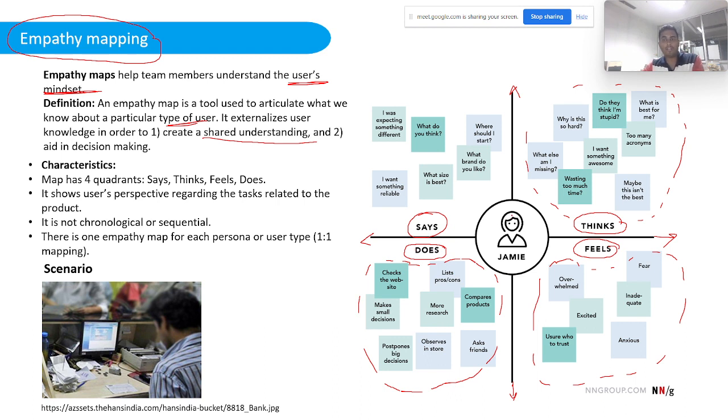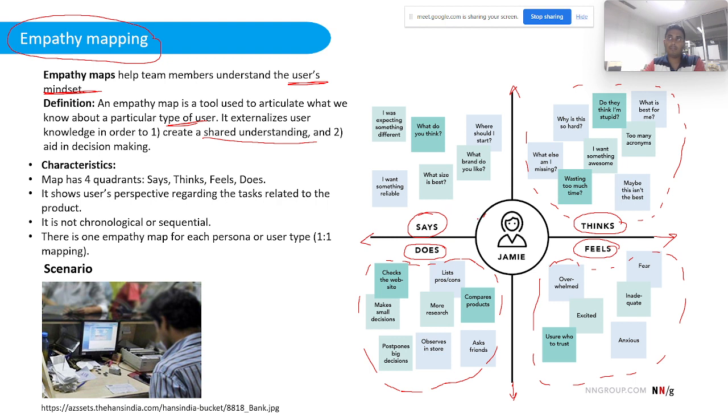This way we can understand a person's mental model and behavior. You have to give them certain tasks, and while they perform or after they complete their tasks, you can do interviews, or other quantitative studies, to collect information on these four things.